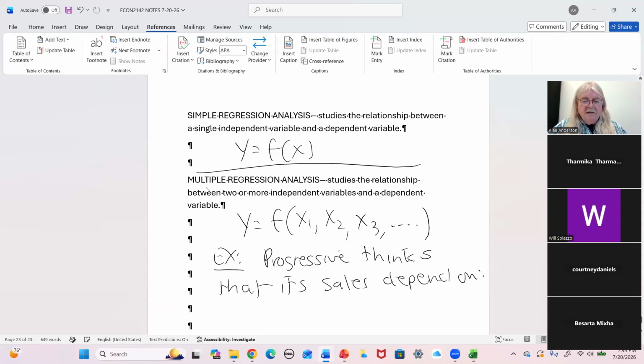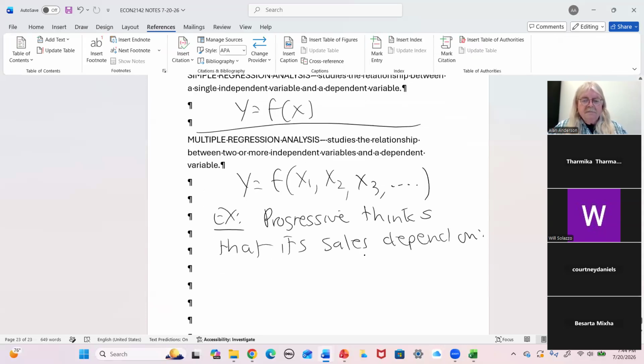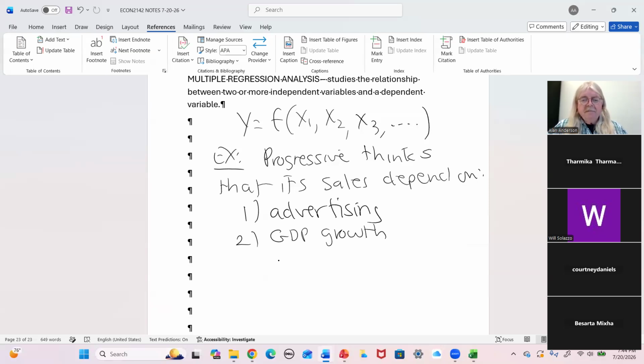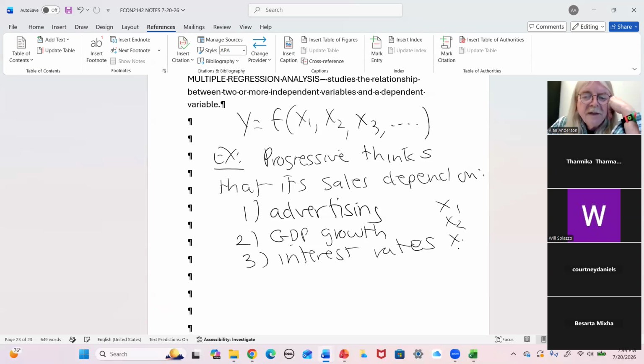So advertising, and let's say they're also pretty convinced that it depends on GDP growth. So this is what we mean by multiple regression, because you've got three. We could think of this as X1, X2, and X3 instead of just the one independent variable.